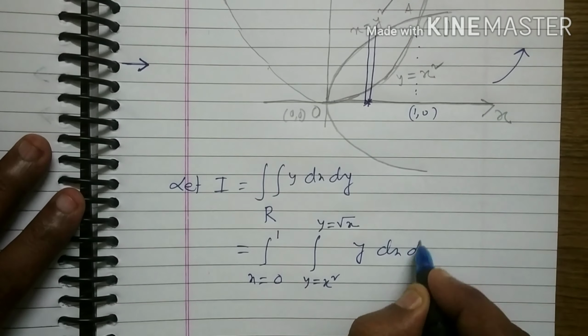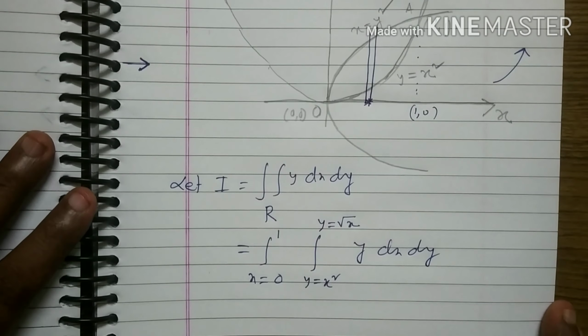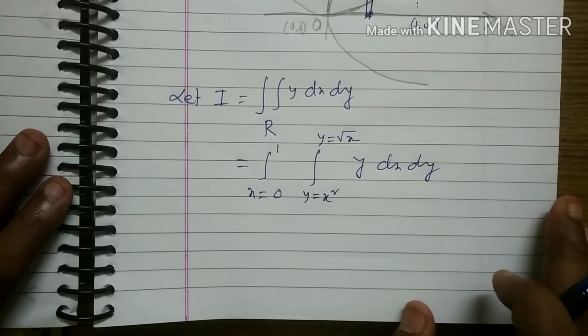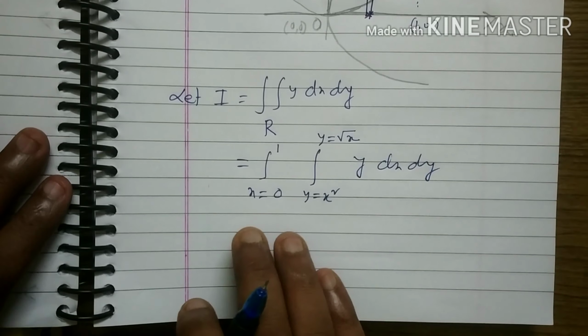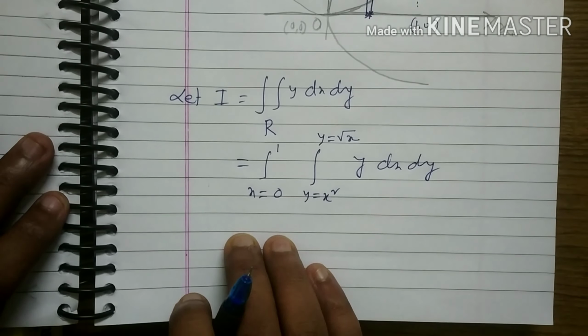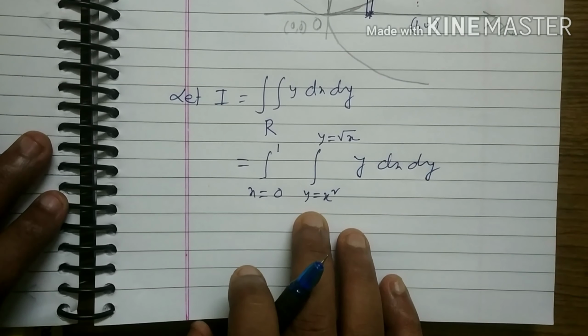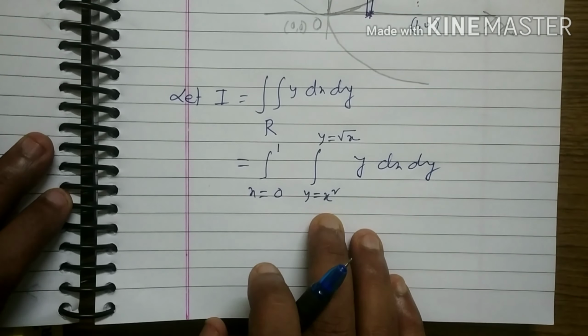y dx dy. Clear? Now I think you have a question in your mind. Which one should I integrate first? Now you check. There are two variables, x and y. Tell me which one is associated with a number. Here x is associated with the number and y is associated with the variable. So I should integrate y first and next x.